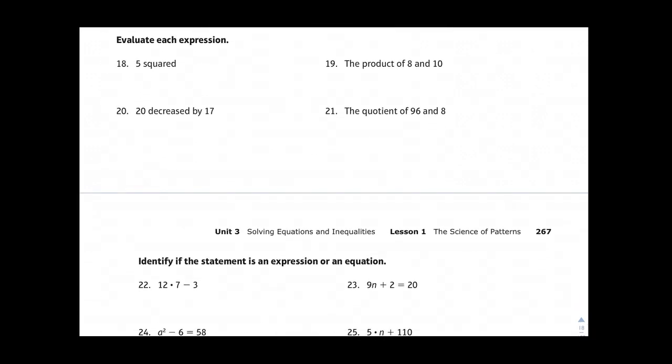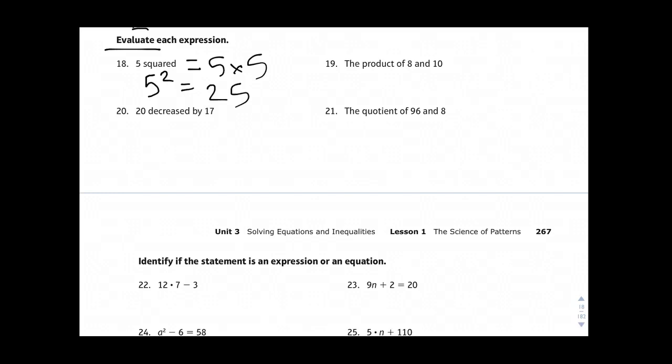Here I have evaluate. When it says evaluate, this means it's got to equal. Okay? So it is an expression, but now they're saying, hey, give us what it equals. So 5 squared, and I'm going to write this out as 5 squared. I'm going to put it in the mathy way. Equals 5 times 5, which is 25.